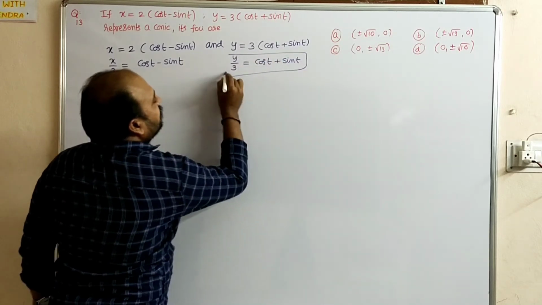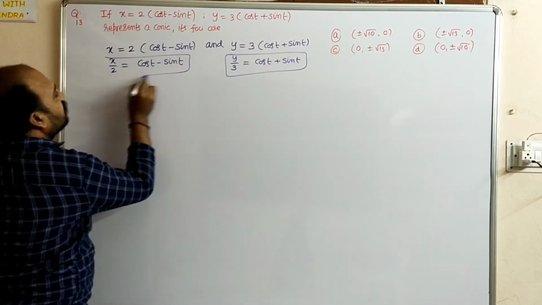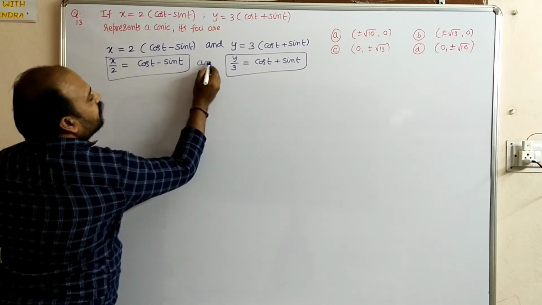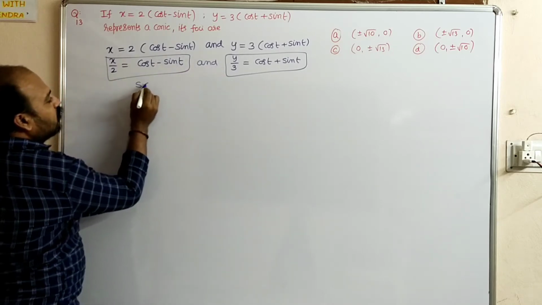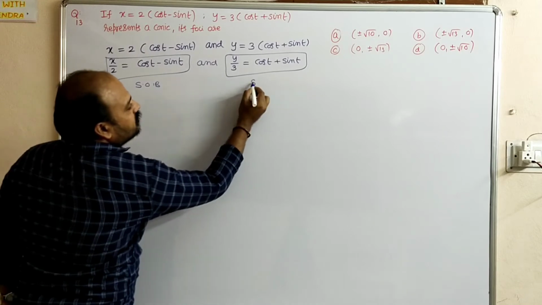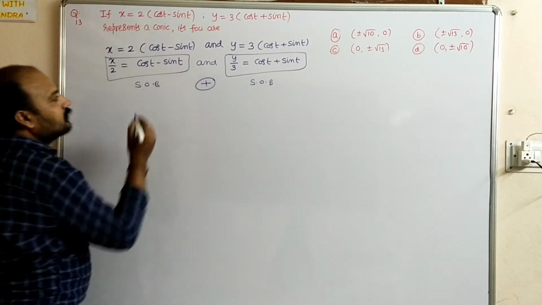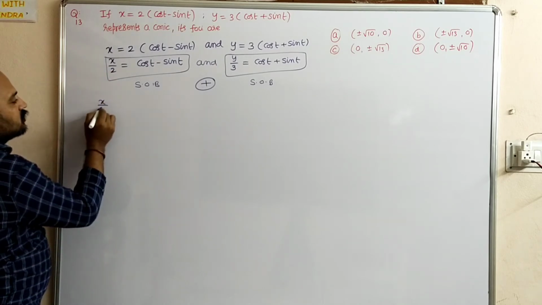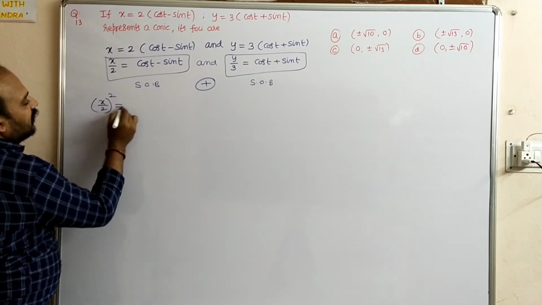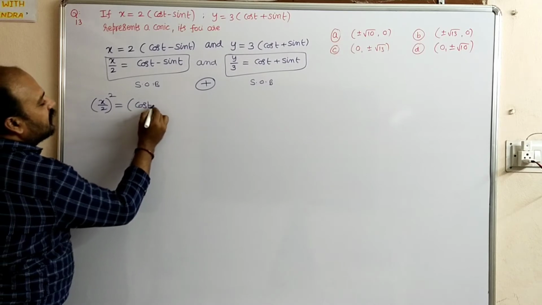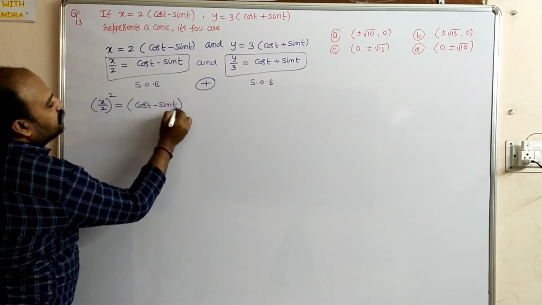For this, square on both sides, here also square on both sides, after that you can add. So here (x/2)^2 = (cos t - sin t)^2.